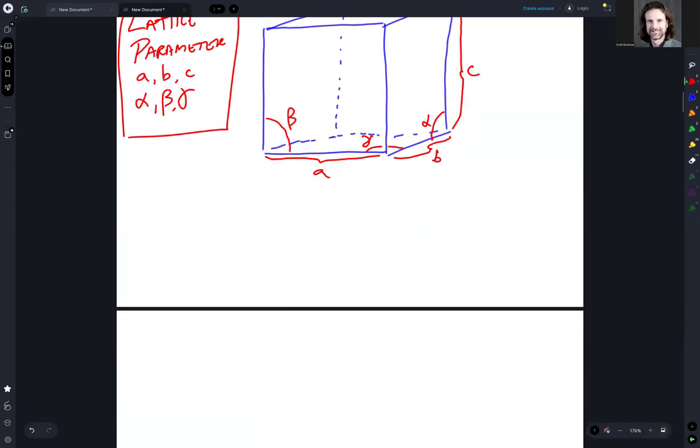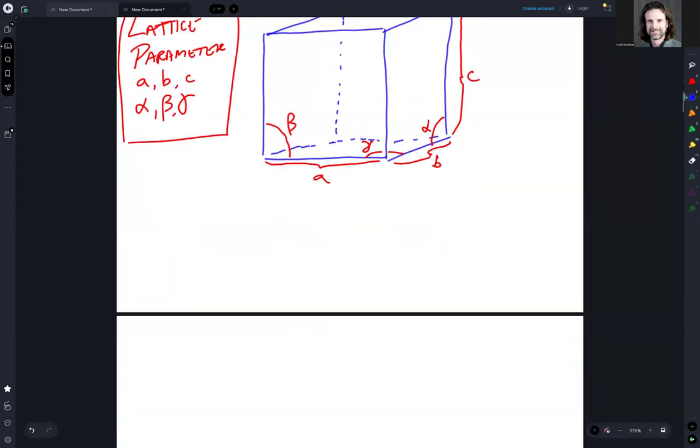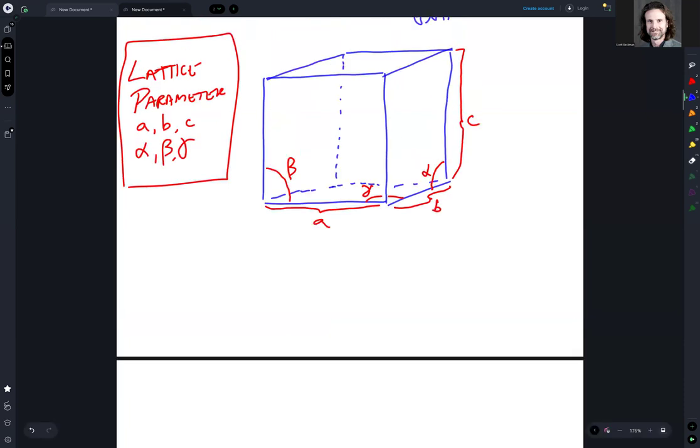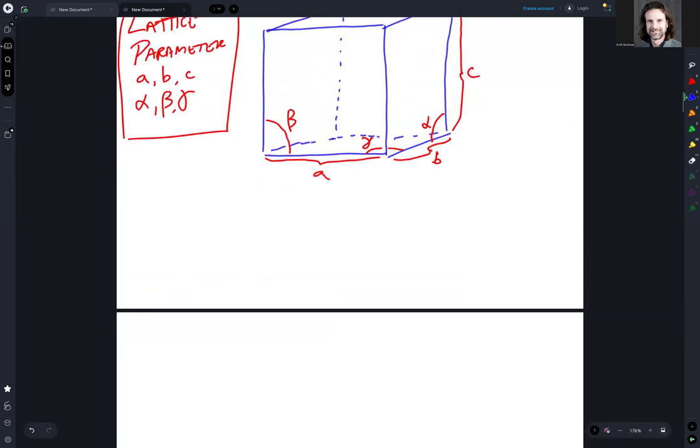Now, as an aside, those of you that are going to spend a significant portion of your life looking at crystals, instead of thinking about lattice parameters, it's better to talk about this in terms of vectors.